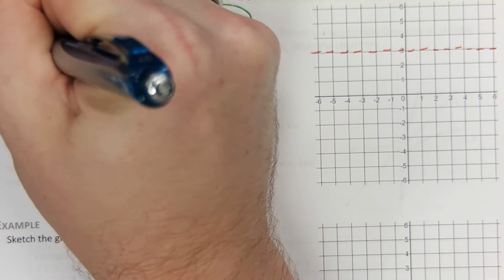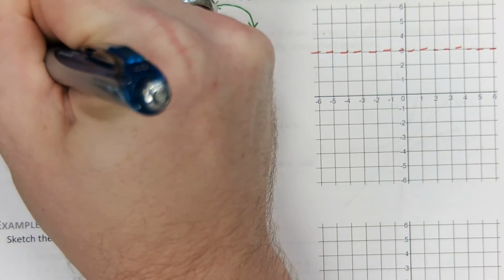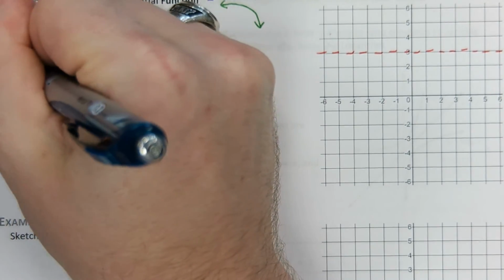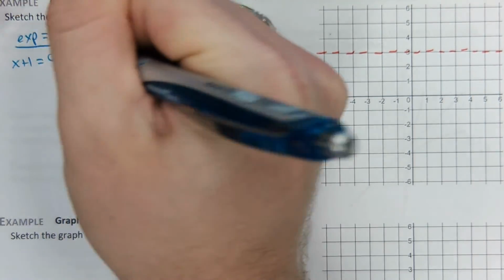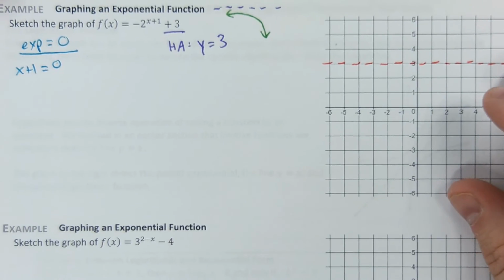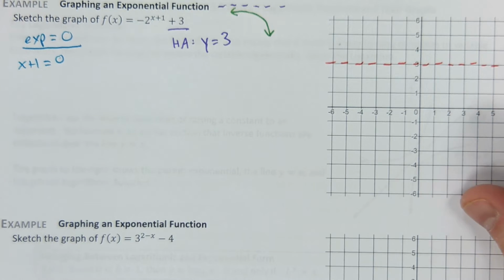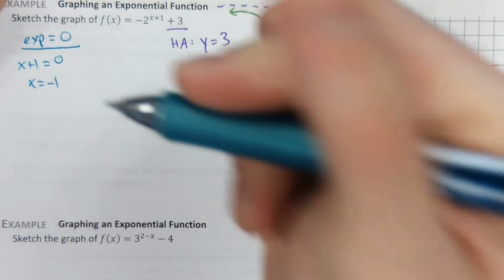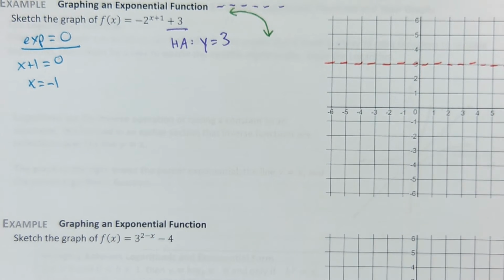Let's figure out what makes our exponent equal 0. So you take your exponent, whatever it is, you set it equal to 0, and you get x by itself. You're just going to subtract 1 from both sides. What we need to do is know what y value goes with that.